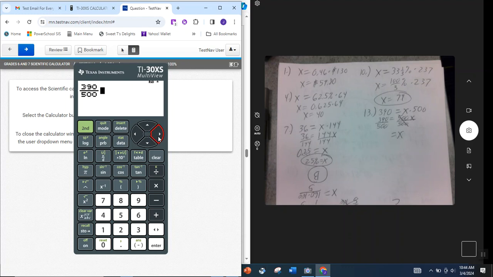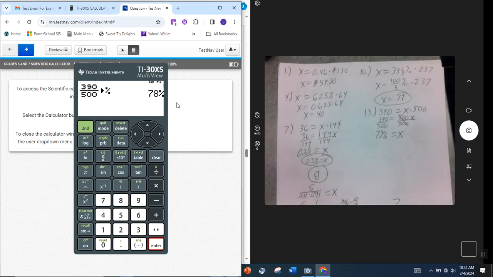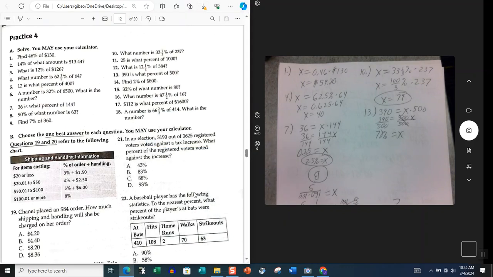Now, when you want to change a value to a percent, you'll press second, and then you'll press this closed parenthesis here. Because if you notice, it had the arrow to the percent, so it's telling you you want to take this fraction to a percentage. And you'll press enter, and it gives you 78%. So you don't have to do the decimal and move the decimal. This is a way you could do it where the calculator will even give you the percent. Okay, that's 13.